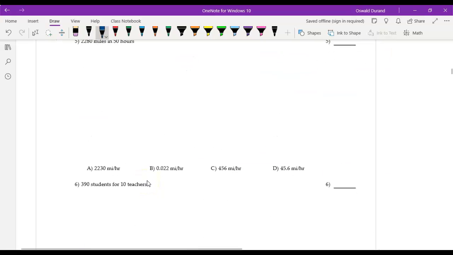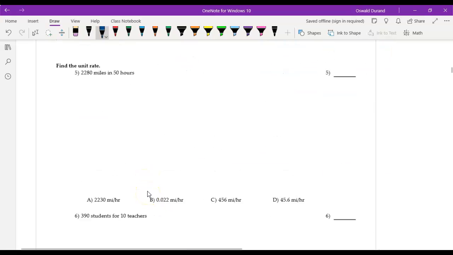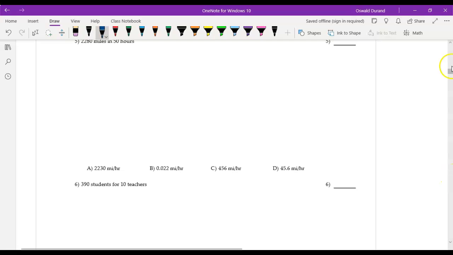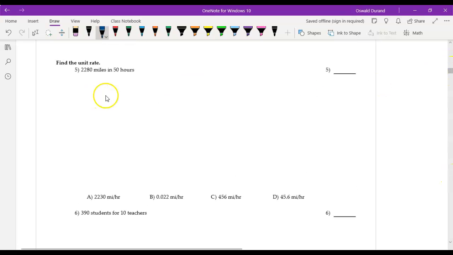Now it's not a ratio, it's a rate. You know, miles per hour. You know, students per teacher, and so on. Okay, so that's basically what we're gonna do, and we want to find that unit rate. Okay, and we do that by simplifying.